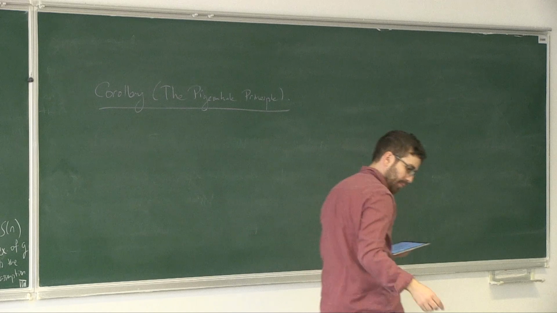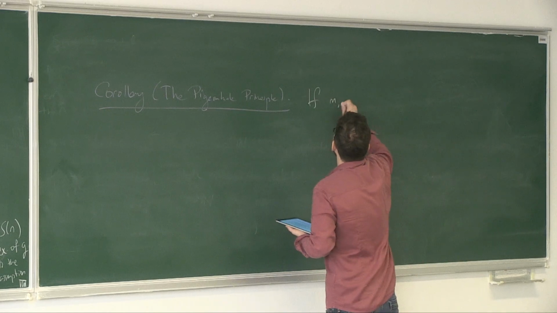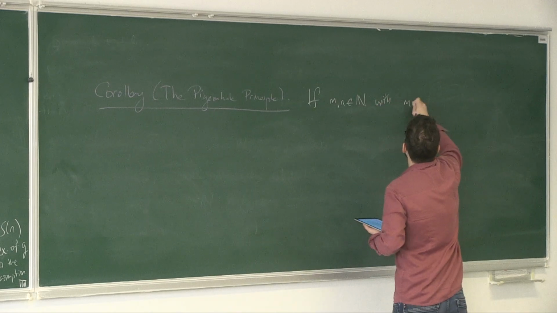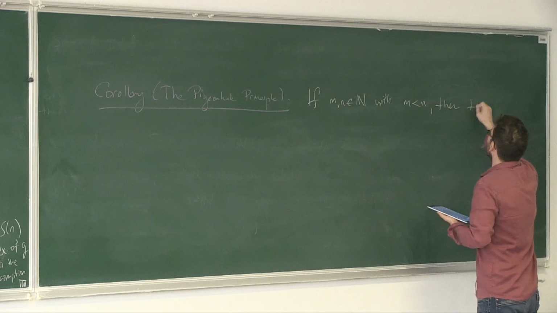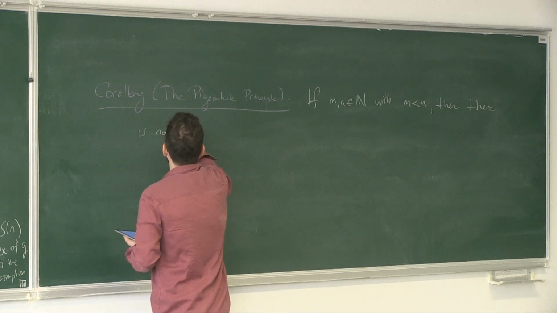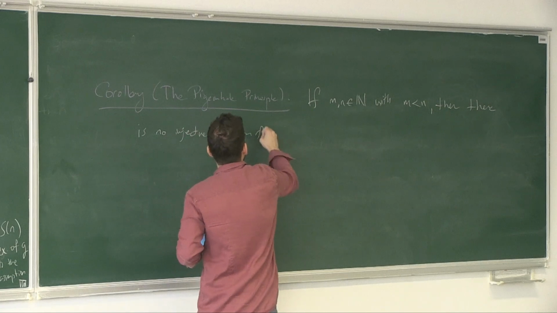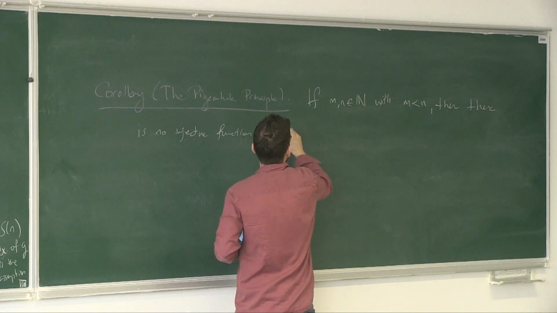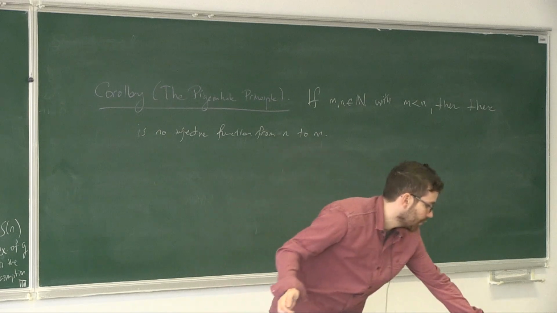The pigeonhole principle tells you the following. If you have two natural numbers such that m is strictly less than n, then there is no injective function from the bigger guy to the smaller guy. Okay?